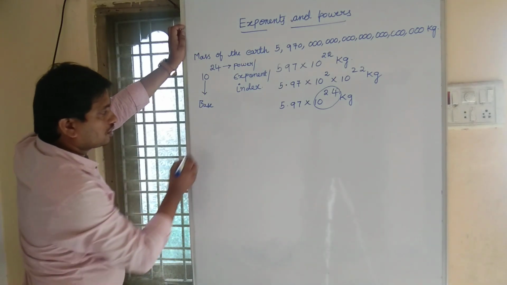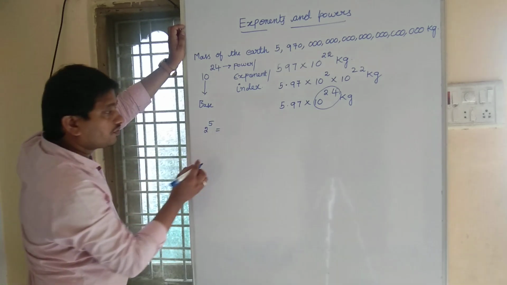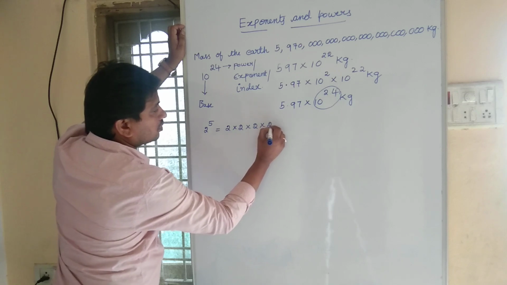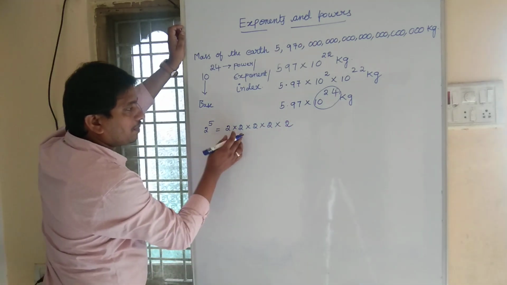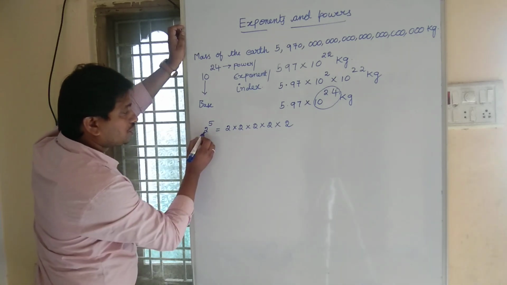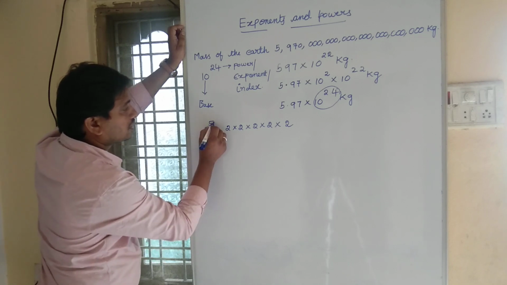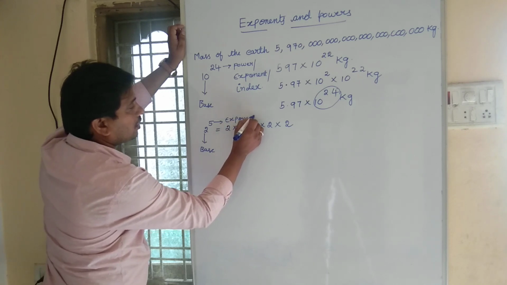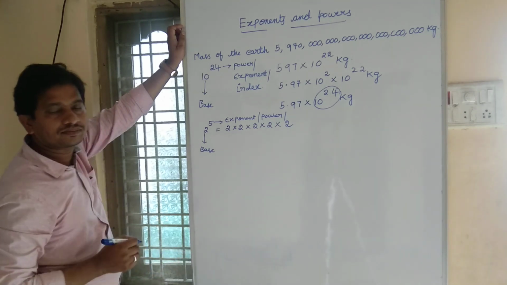For example, in 2 power 5, what is the meaning of 2 power 5? 2 into 2 into 2 into 2 into 2. 2 is multiplied by itself 5 times, right? So in 2 raised to the power 5, 2 is called the base and 5 is called the exponent, or power, or index.